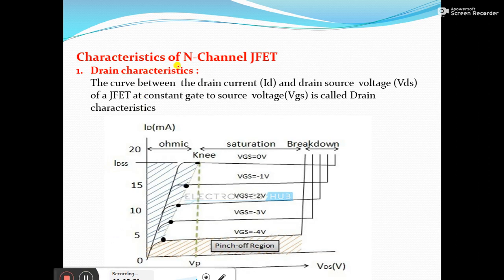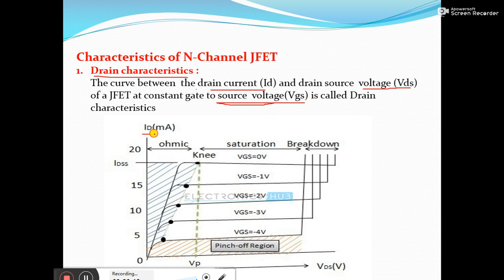Next we see the characteristics of the N channel JFET. There are two characteristics of the N channel JFET to be studied. The first set of characteristics are the drain characteristics. These are the curves drawn between ID and VDS, the drain to source voltage, keeping the gate to source voltage at some constant value.